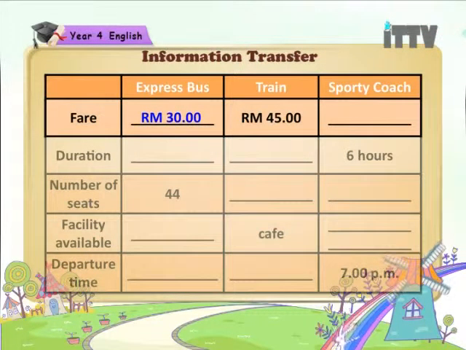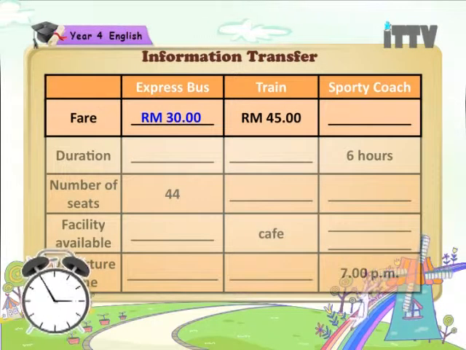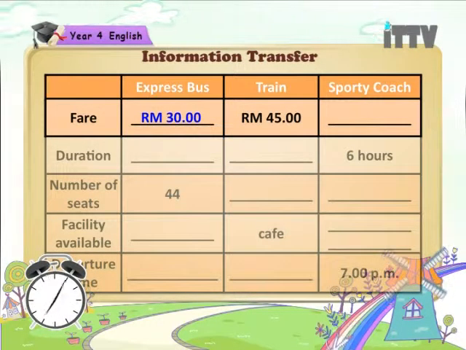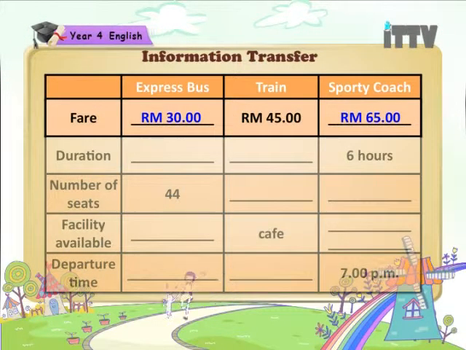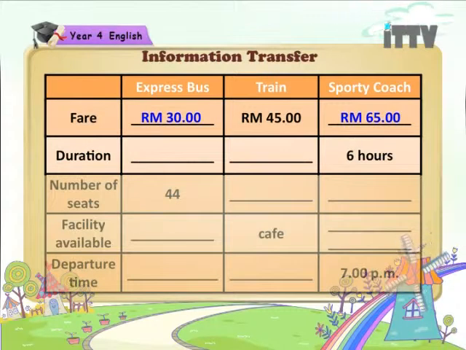Yes, very good. It costs 30 ringgit. What about the sporty coach? Very good, boys and girls. RM65. Now let us go on to the duration. Now it says it takes 6 hours to get to Sungai Petani for the sporty coach.